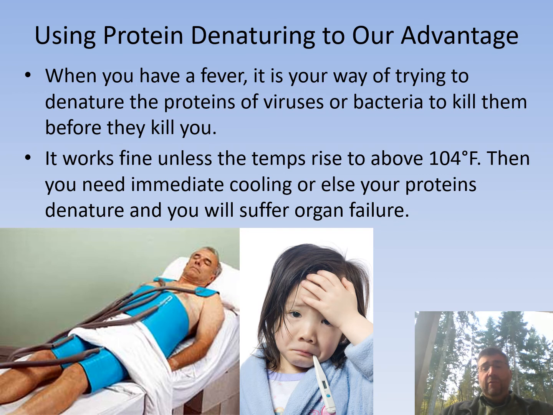At 104, your proteins begin to denature, and then it goes from killing off the bacteria to actually killing your own cells. If your temperature rises above 104 and stays there at that level for a certain amount of time, you will begin denaturing your proteins and your organs will begin to fail.